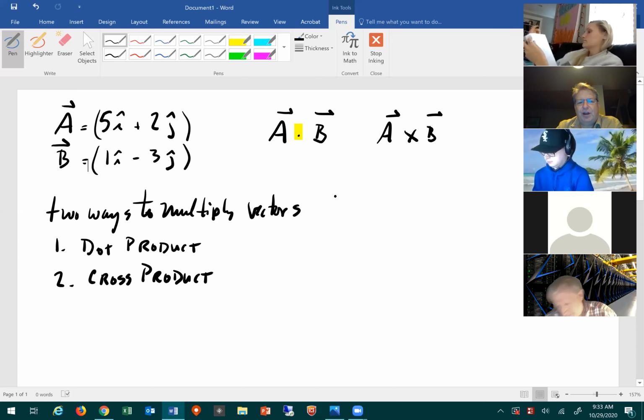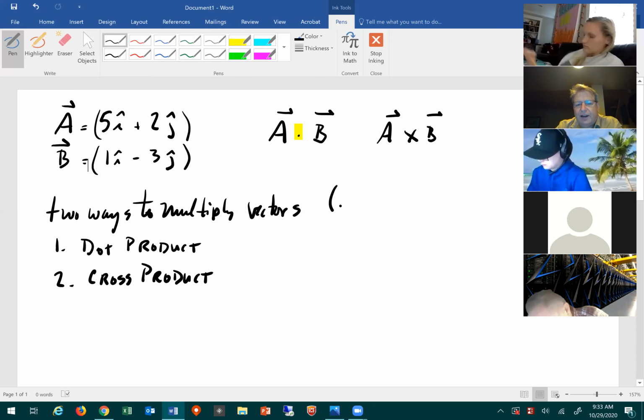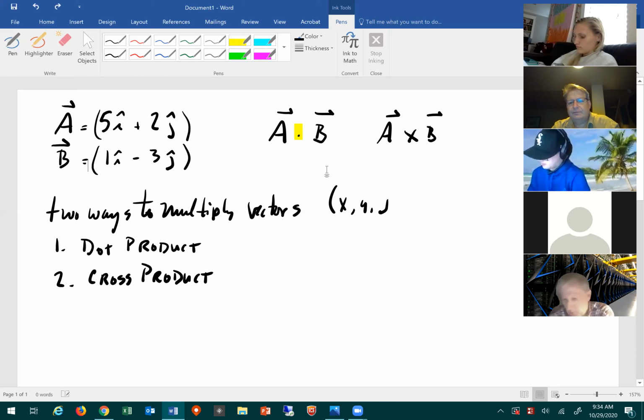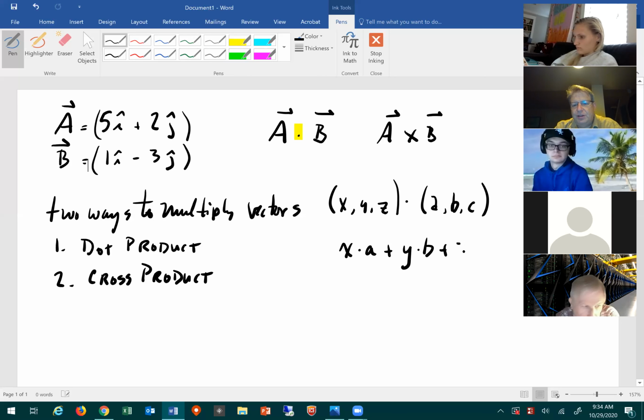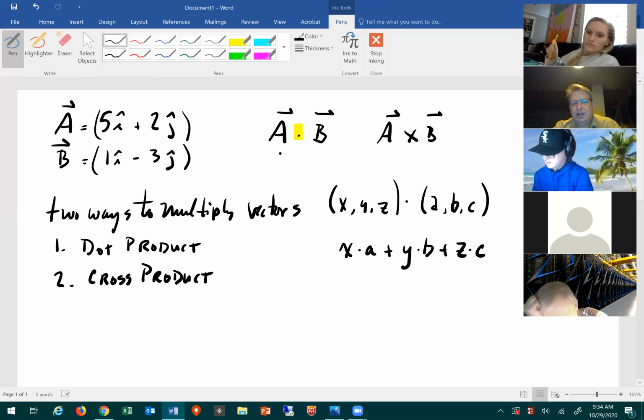So the dot product is if I have a vector X, Y, Z dotted with A, B, C, it's going to be X times A plus Y times B plus Z times C. I just take each of the i, j, k components, multiply them, and then add all of them together.